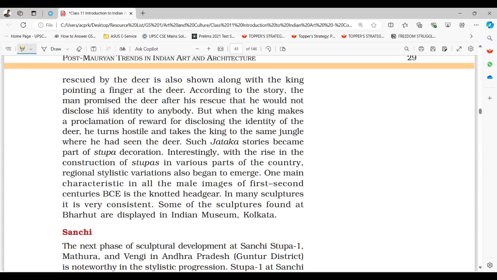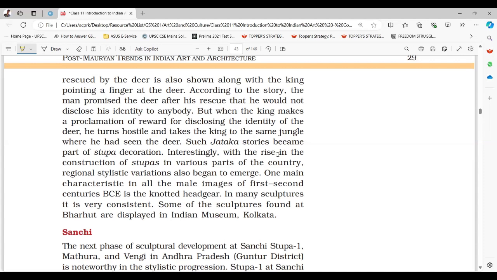According to the story, the man promised the deer after his rescue that he would not disclose his identity to anybody. But when the king makes a proclamation of reward for disclosing the identity of the deer, he turns hostile and takes the king to the same jungle where he had seen the deer. Such Jataka stories became part of stupa decoration.